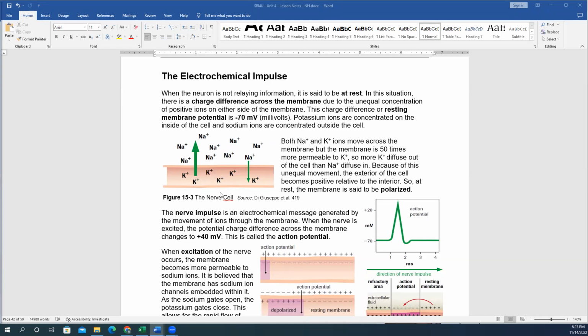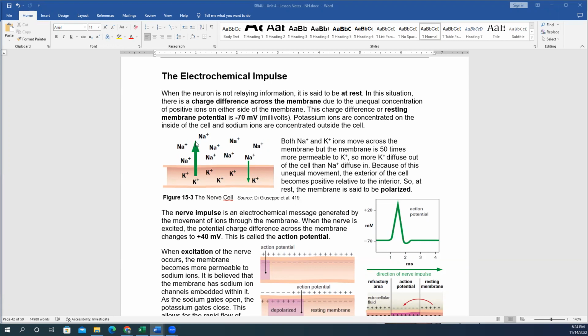This is because there is an unequal concentration of positive ions, sodium and potassium, on either side of the membrane. There are more sodium ions outside of the membrane and fewer inside, and the rate of return of sodium ions into the cell is much slower.